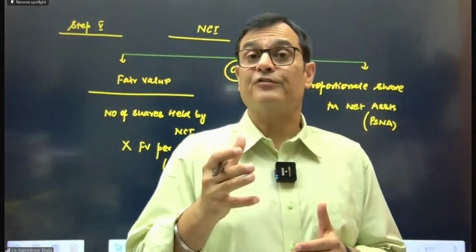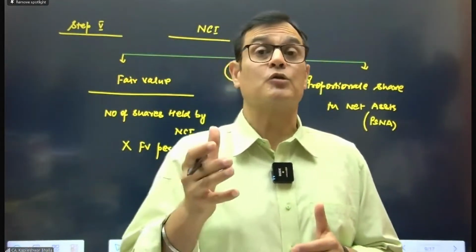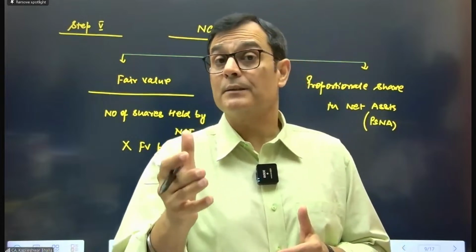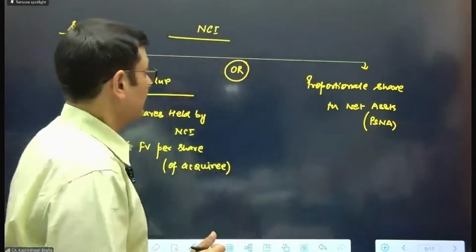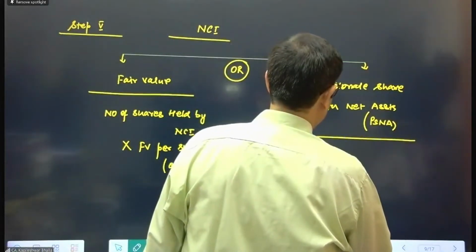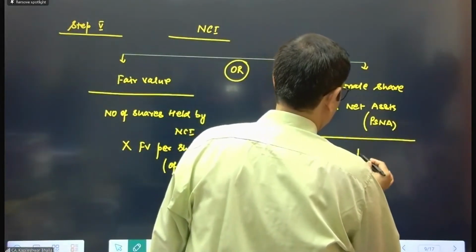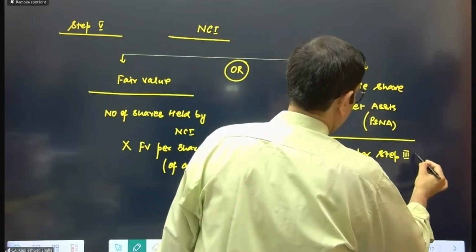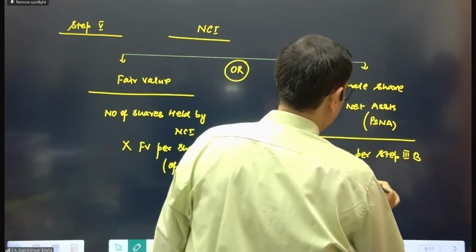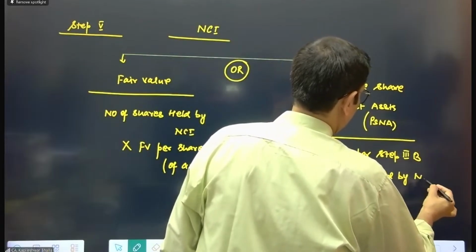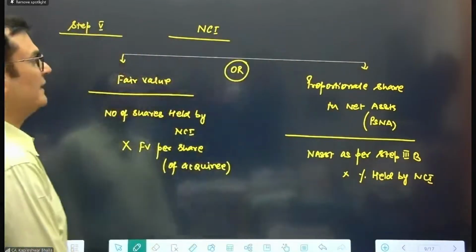If you're given the fair value per share of the acquiree, that's also an indication that you are required to apply the concept of fair value. And if it is a case of PASNA, you would take the net assets as per step 3B, and multiply this with the percentage held by NCI.